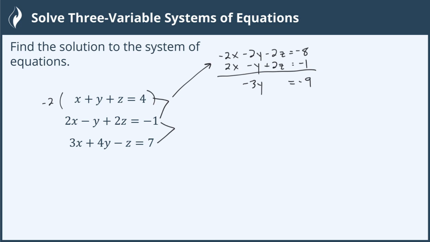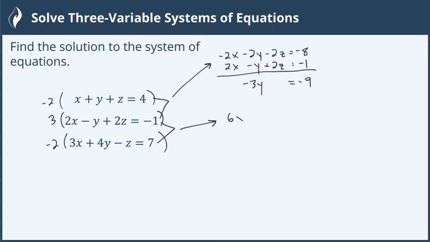Now I'm going to look at my next two equations, and I want to get rid of the x on both of these. So I'm going to multiply this one by a 3 to get a 6, and this one I'm going to multiply by -2 to get a -6x. So let's do the 3 times 2 first.